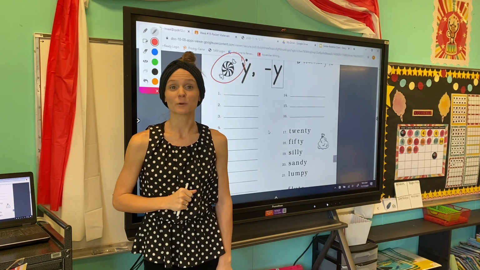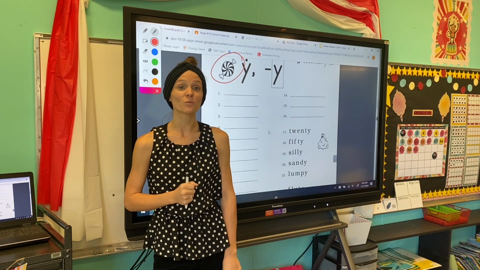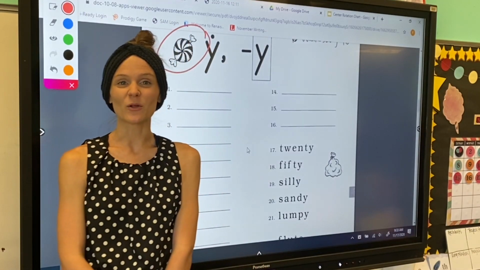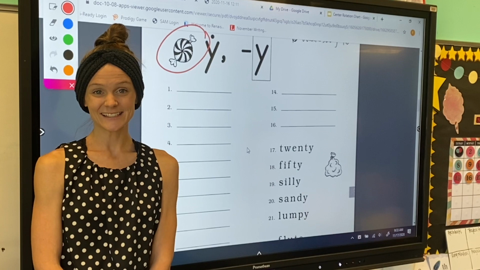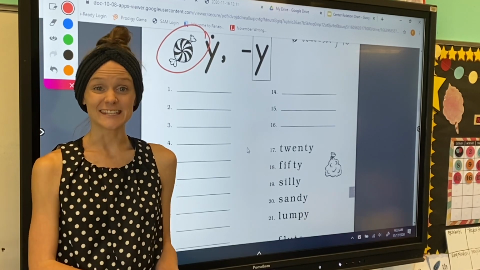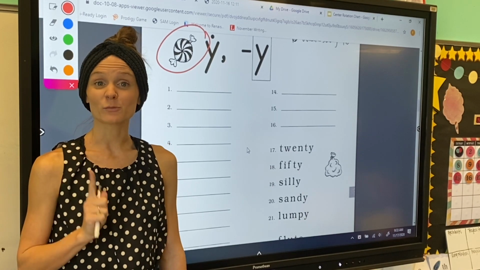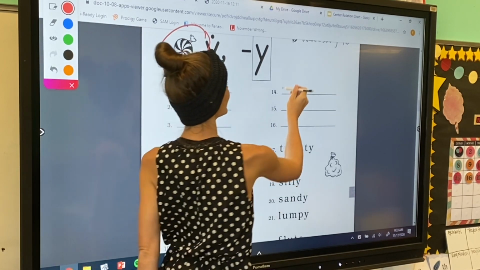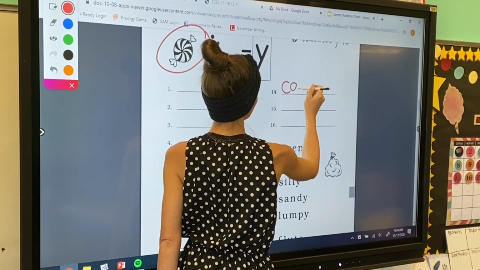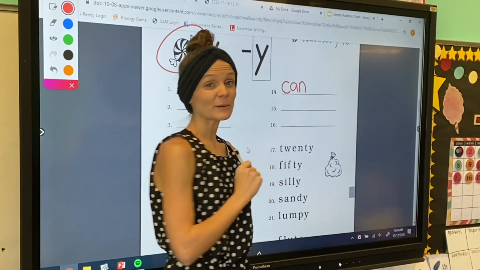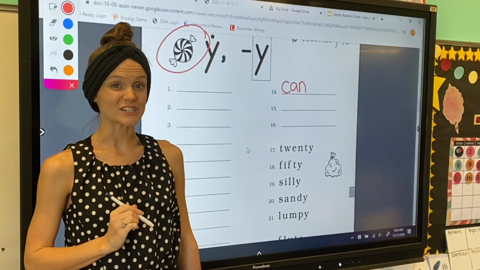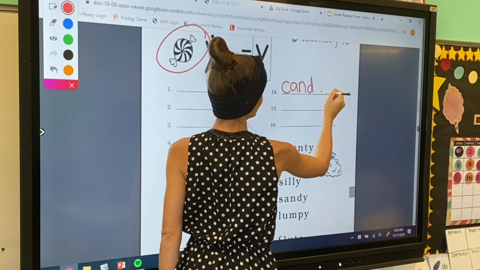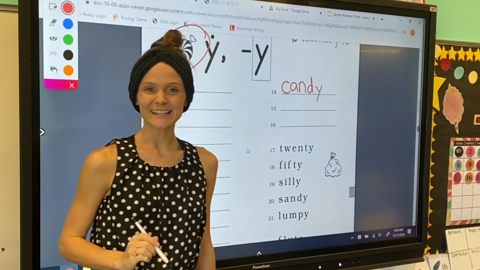Let's pick up with number 14 and practice spelling some words that have this rule in them. For number 14, we're going to spell the word candy. Candy. So I'm going to start by writing my first syllable, which is can. And now I'm going to write my last syllable, which is D, E. Candy.